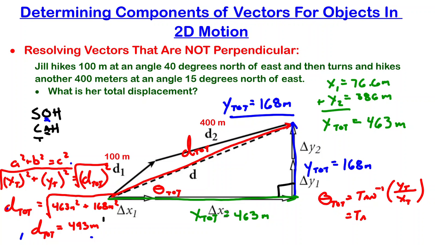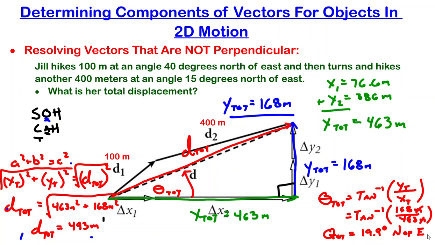So in this case, the inverse tangent of 168 meters over 463 meters. My meters cancel, so that's good. I have no unit. So theta total is equal to 19.9 degrees, and now we need to give it a direction. That's 19.9 degrees. I went that way, so I went north of east.